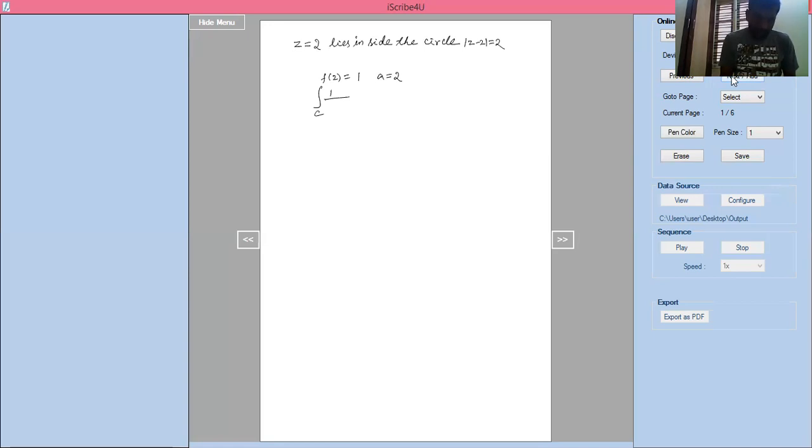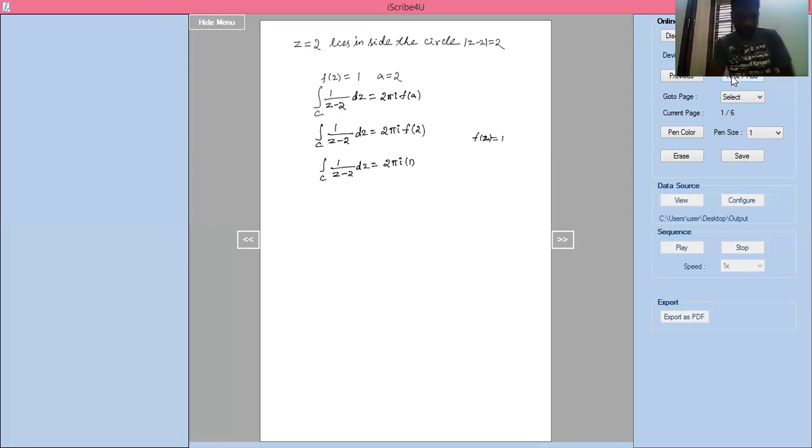You know the first integral equals 2 pi i into f of a. Here a is 2 and f of z is 1, so f of 2 is also 1. So the integral of 1 divided by z minus 2 into dz equals 2 pi i into 1, which is 2 pi i.